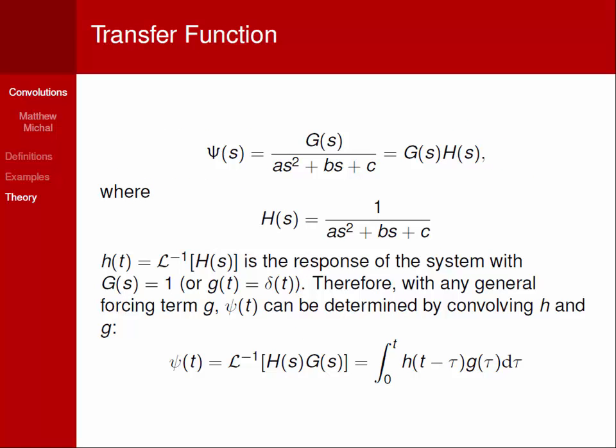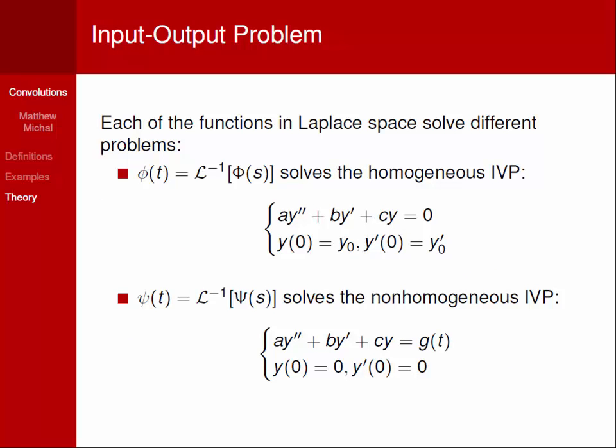So it would be like y1 and y2. Very similar to your y1 and y2. Not quite, but there's a lot of similarities. Think of phi, your phi of t here, being your c1y1 plus c2y2, and think of psi as being your particular solution.